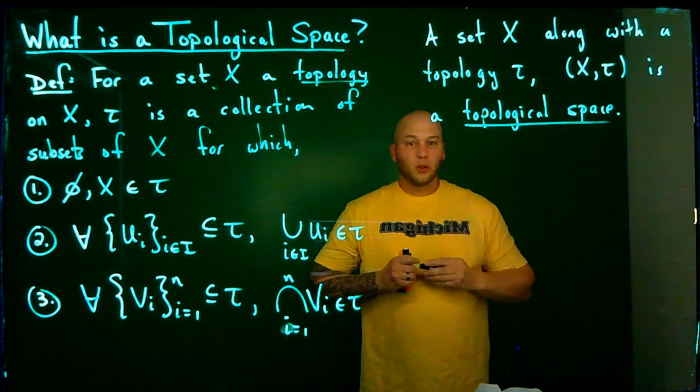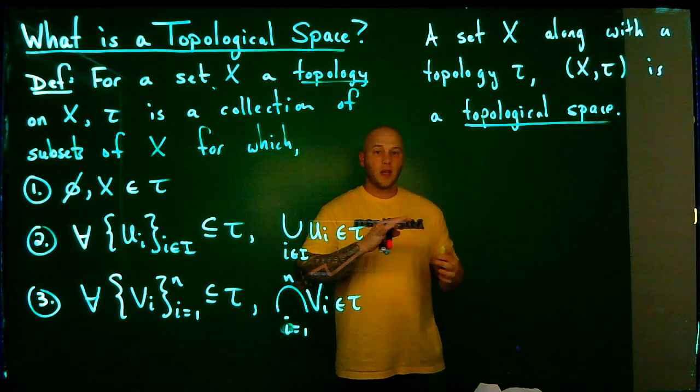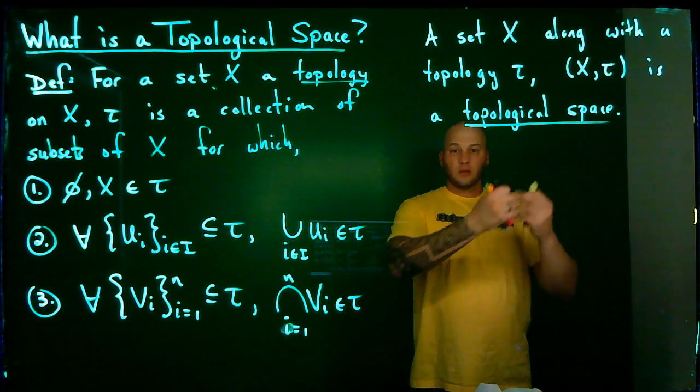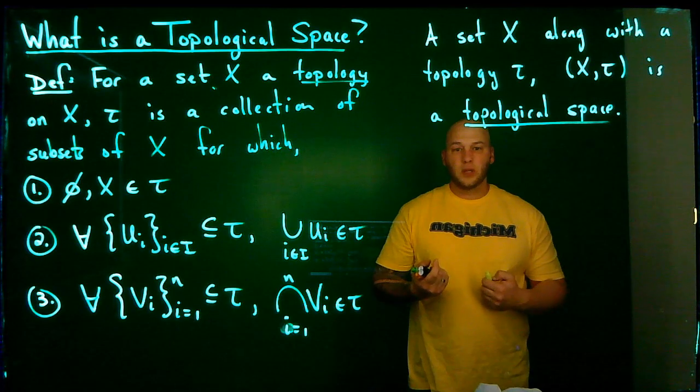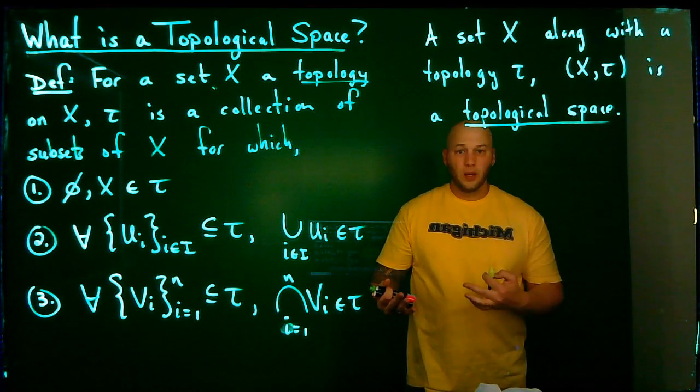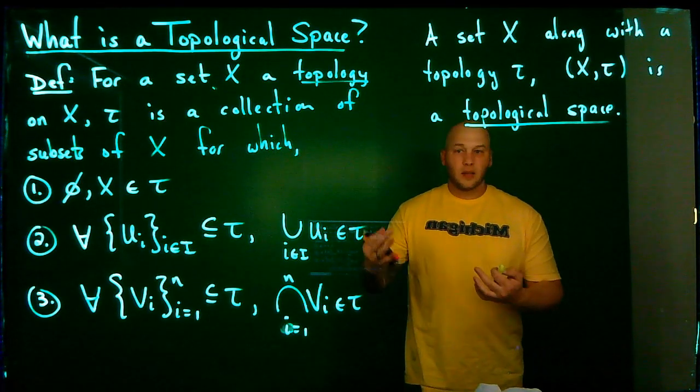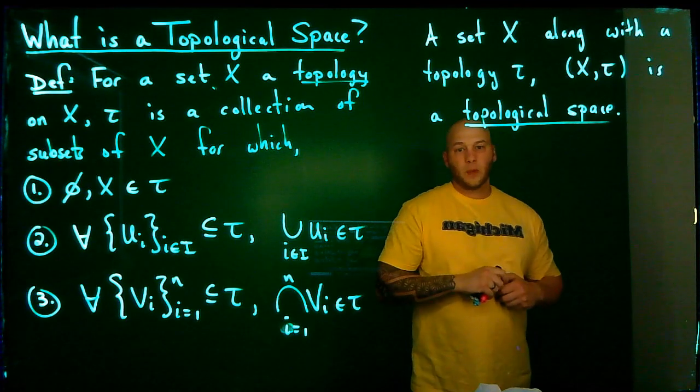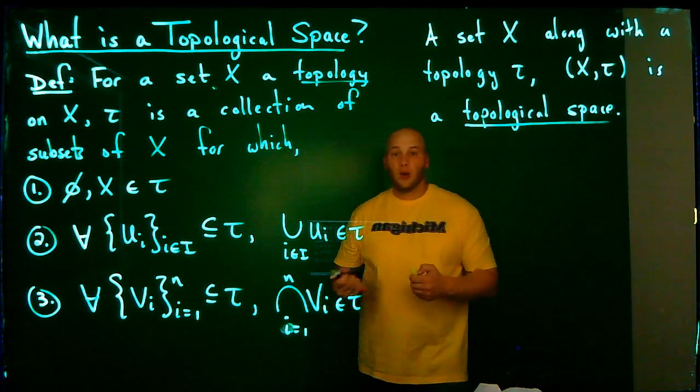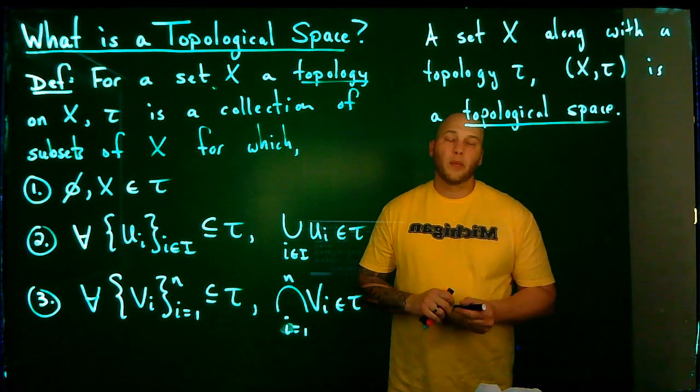So a topological space consists of two things. It's a set with this collection tau, which is a collection of subsets. In other words, it's sort of like a group, right? In that it's a set along with more information. Same thing with a ring. It's a set with more information.